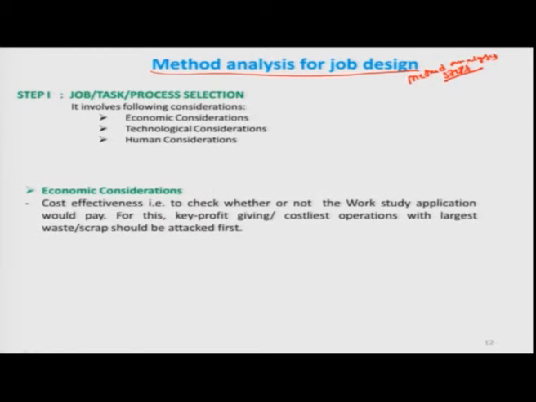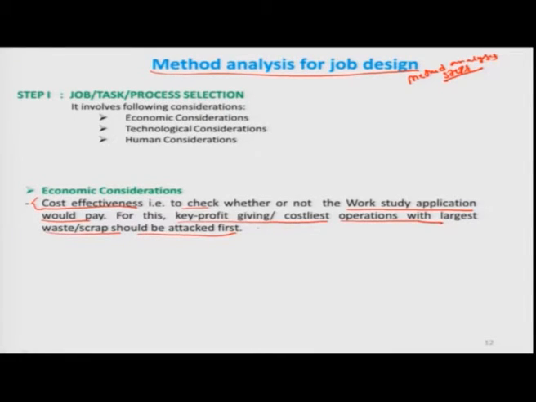Economic consideration, here cost effectiveness. To check whether or not the work study application would pay, first you will have to check what you are planning, and it should not go in the trash, it should be implemented in an industry. So, first you will have to check whether whatever you are going to design for a work system should be cost effective. For this, key profit giving costliest operation with largest waste scrap should be attacked first.